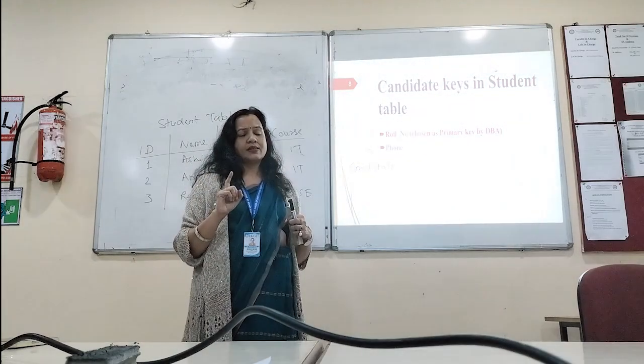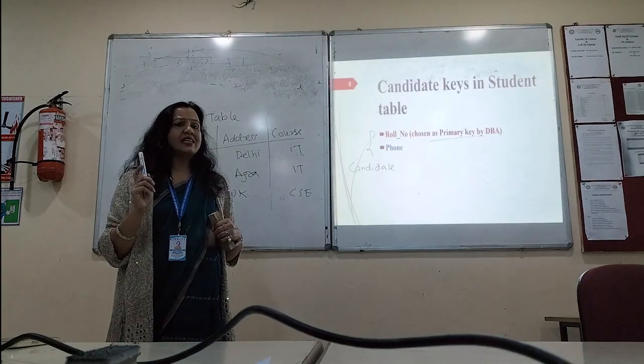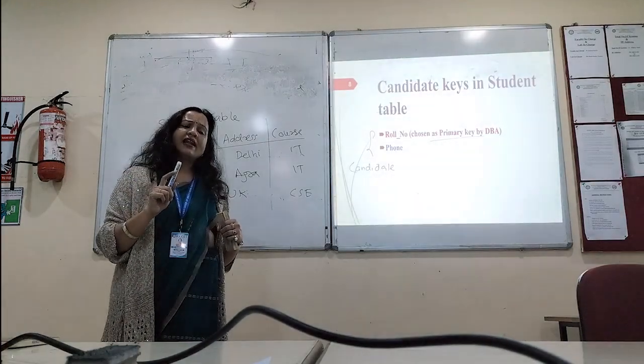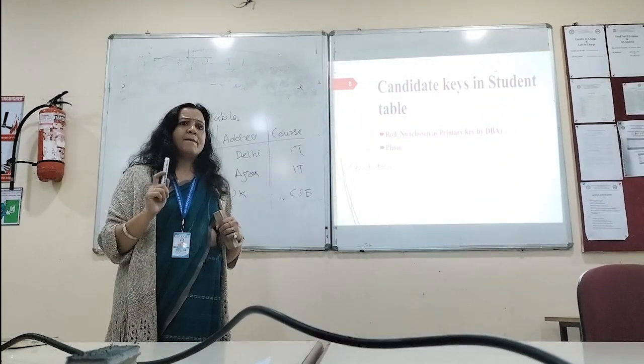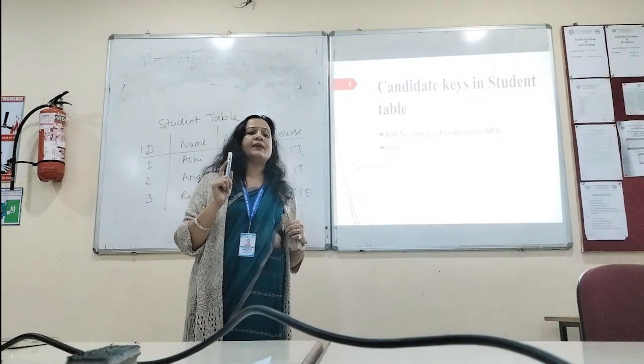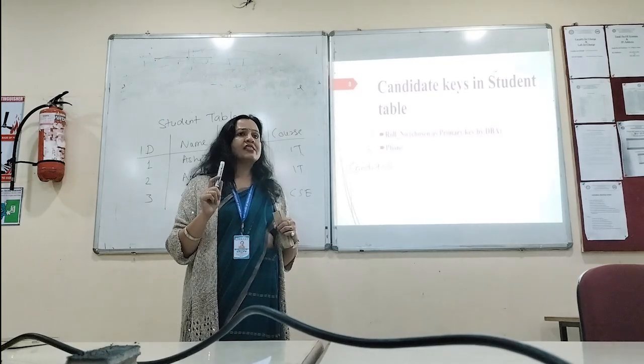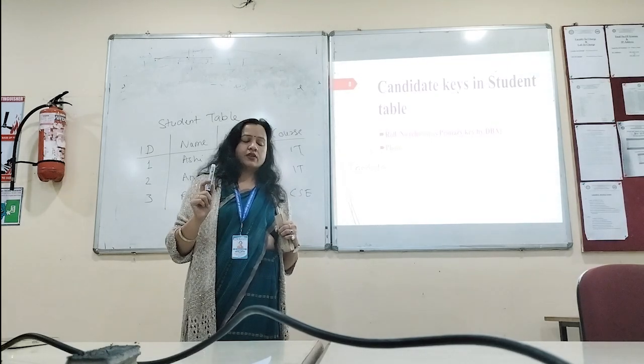Similarly, in this concept, all the keys that can be chosen as primary key are called candidate keys, but only the one that is chosen by the DBA will be declared as the primary key. The rest will remain candidate keys.